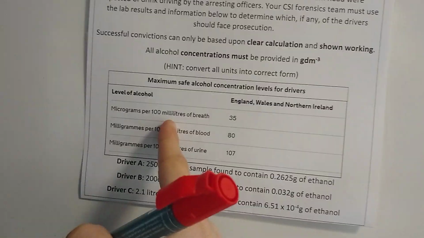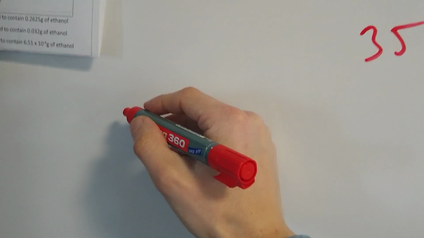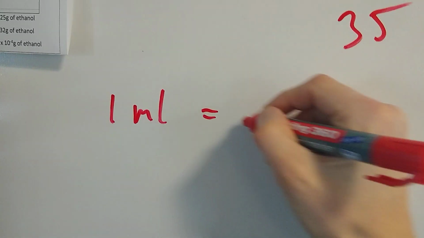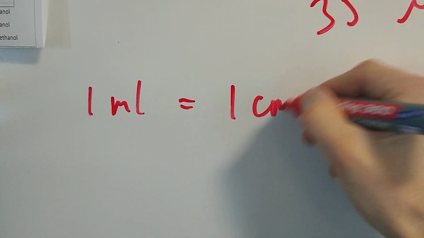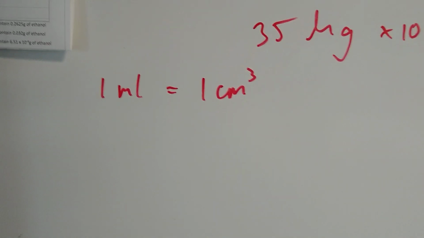Okay, so what is our first one here? We've got 100 milliliters of breath. So a few things that you should hopefully start to get very familiar with. 1 milliliter is the same as 1 cubic centimeter. That's just a standard conversion.